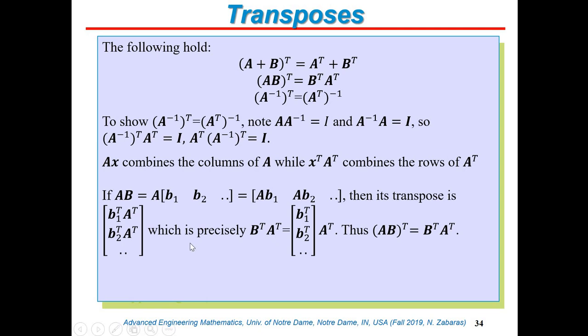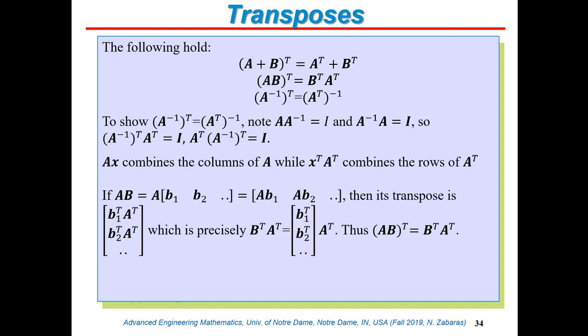But you know what? This matrix, AB transpose, is literally B transpose A transpose, because B transpose I can write in terms of its rows times A transpose, and this is nothing else but what we have here. So AB transpose equals B transpose A transpose.